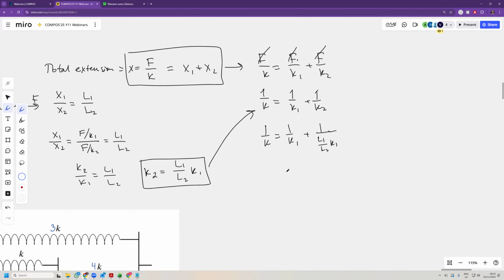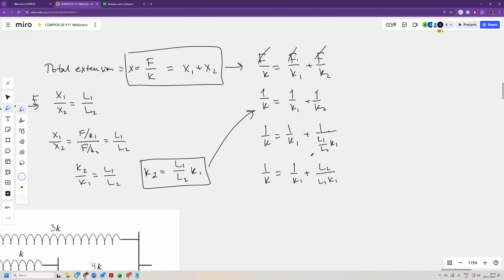I can take this L2 over here. So 1 over K equals 1 over K1 plus L2 over L1 K1.